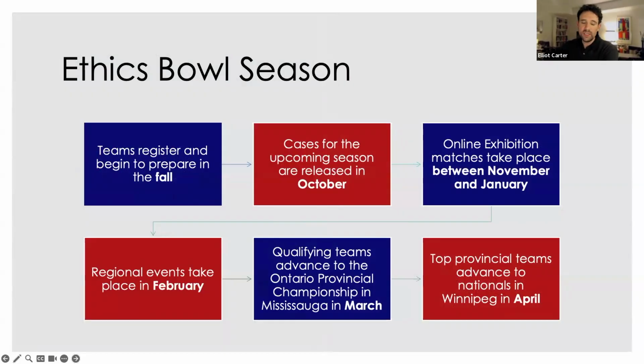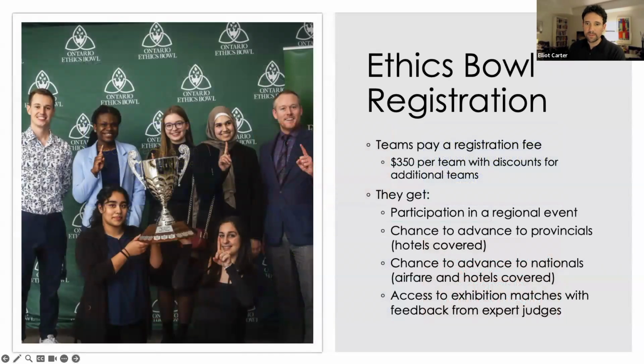And then the qualifying teams from the regional events advance to the Ontario Provincial Championship, which, as I said, takes place at U of T Mississauga in March. And then the top provincial teams would advance to the nationals in Winnipeg, and that's in April. So that's a snapshot of what the season looks like. So we're in the middle of this year, and this will all take place again next year.